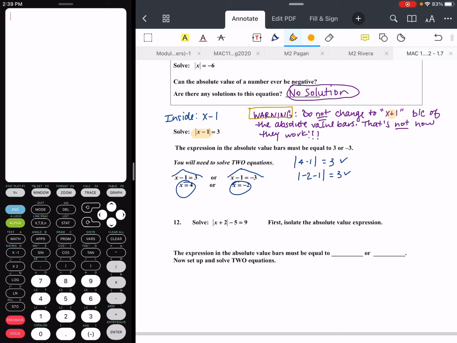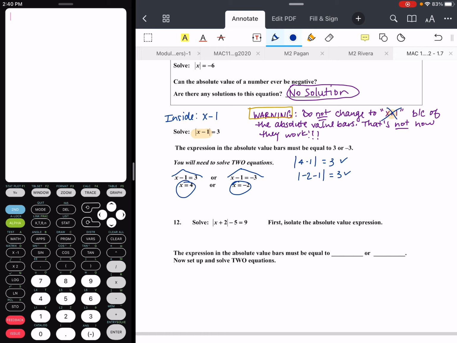But it makes constants positive. If you plug a negative constant into an absolute value, it will come out positive. But that's not true for an algebraic expression like x minus 1. So we can't just convert that minus sign into a plus sign. That would not be correct, and it would totally mess up your whole answer. So keep whatever's inside intact, and set that equal to the positive or negative right side of the equation.